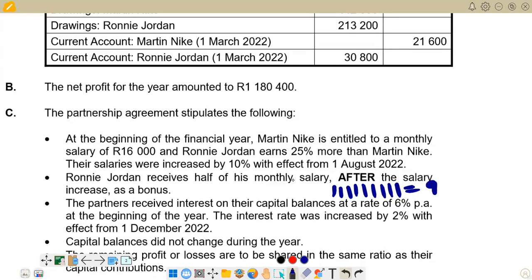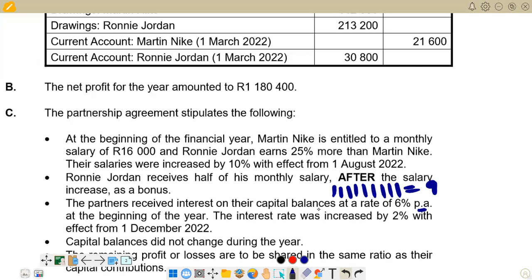So for these 9 months, we're going to say 9 over 12 times the interest on capital per year. Remember, the rate is per annum, which means per year, for 12 months. So we apportion for 9 months to see the proportion before it increased.